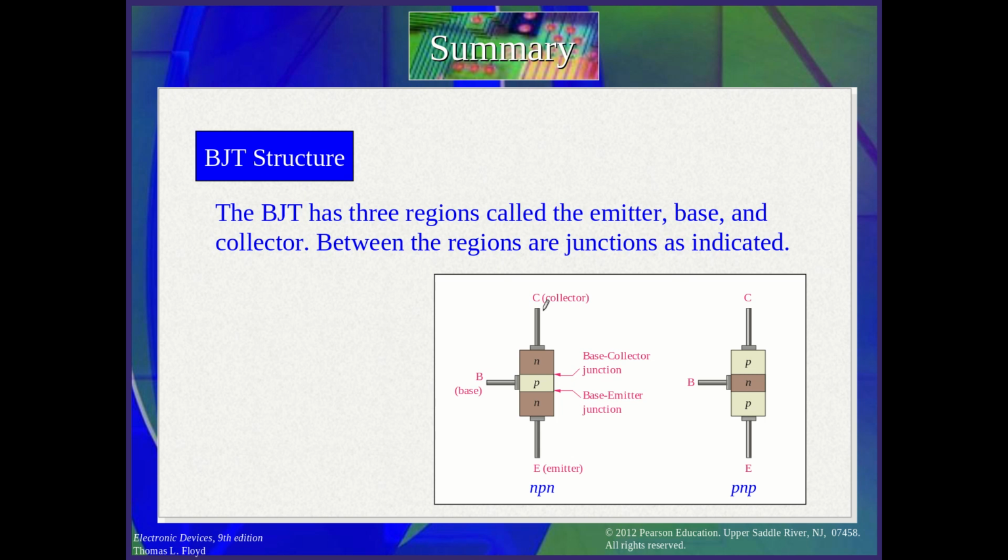Now, one of the most important applications for the BJT transistor is the amplifier. We use it as an amplifier to amplify the AC voltage. So it converts some of the DC voltage here to increase the AC signal that is applied to the base.